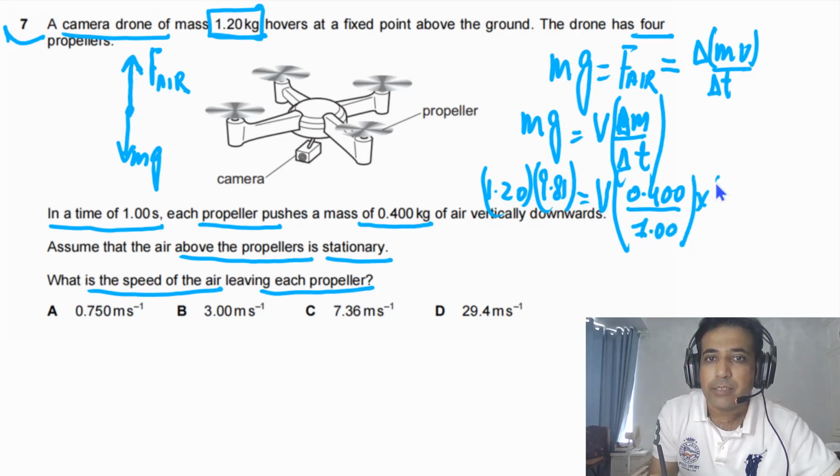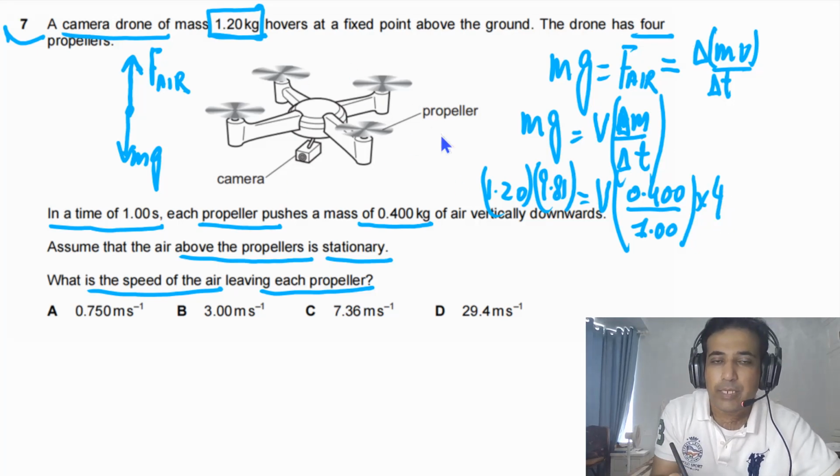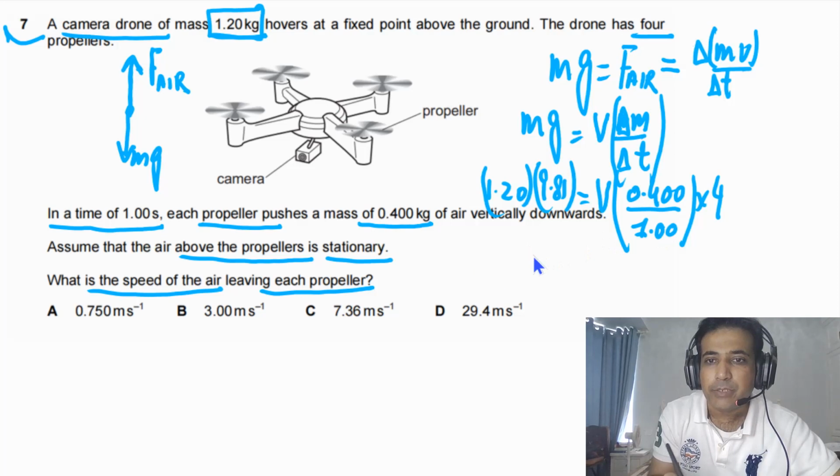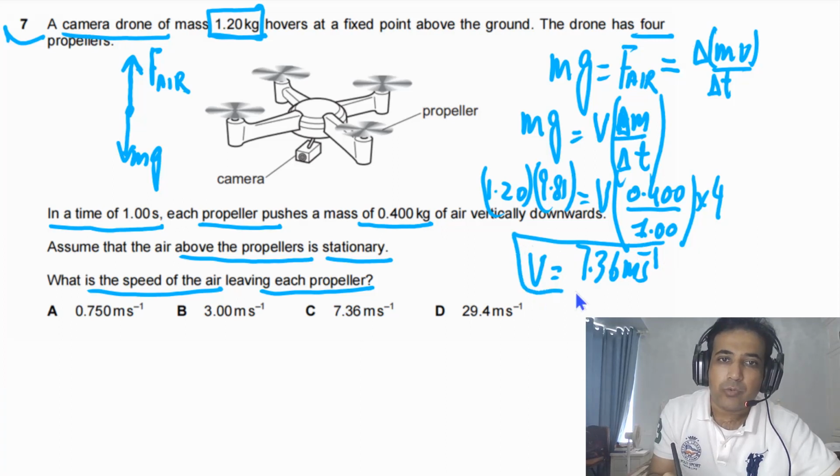We have to multiply this one by 4 because this has 4 propellers. So from here then we can figure out the value of v. So v in this case will be equal to 7.36 meters per second. So this is how we can calculate the value of v.